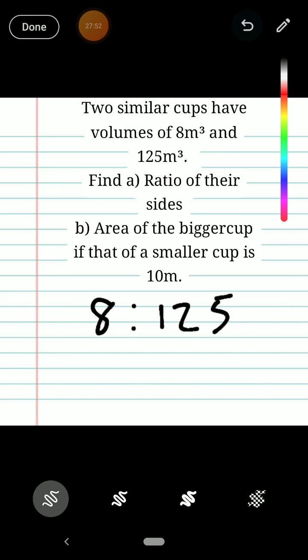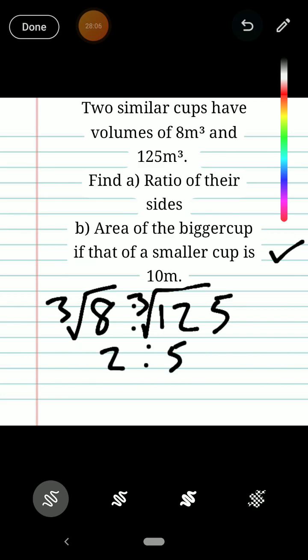So for us to find the area, we need first the ratios of area to use. So we first do cube root so that we get ratios of sides, which are 2 and 5. Once we have ratios of sides 2 and 5, to get ratios of areas we have to do power 2. Power 2, we get 4 and 25.